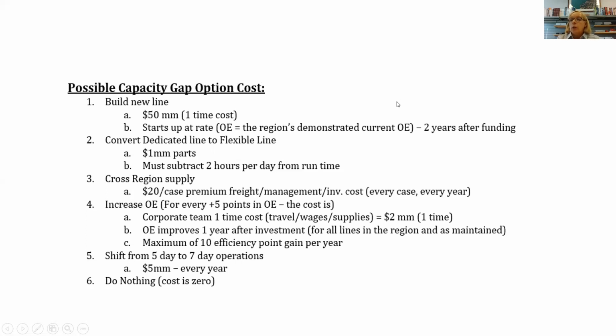So that's more of a long term and where we see a lot of sustained growth that can't be solved by using things like converting a dedicated line to a flexible one, or having an increase in operating efficiency or that operating ratio itself, or from moving from a 5-day to perhaps a 7-day operation. So when we think about building that new line, it definitely is something that we're going to do when we think a region is growing enough to be able to take on that level of investment.